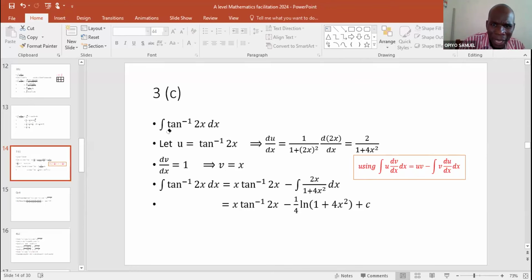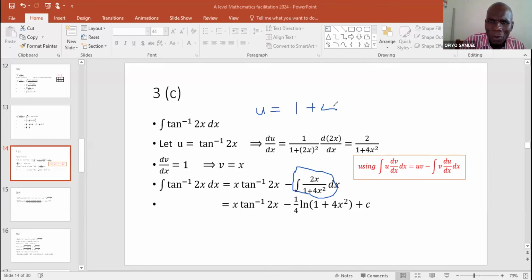This is where the concern is. You let u be equal to, this is now another approach, not the other one. You may get this one better.